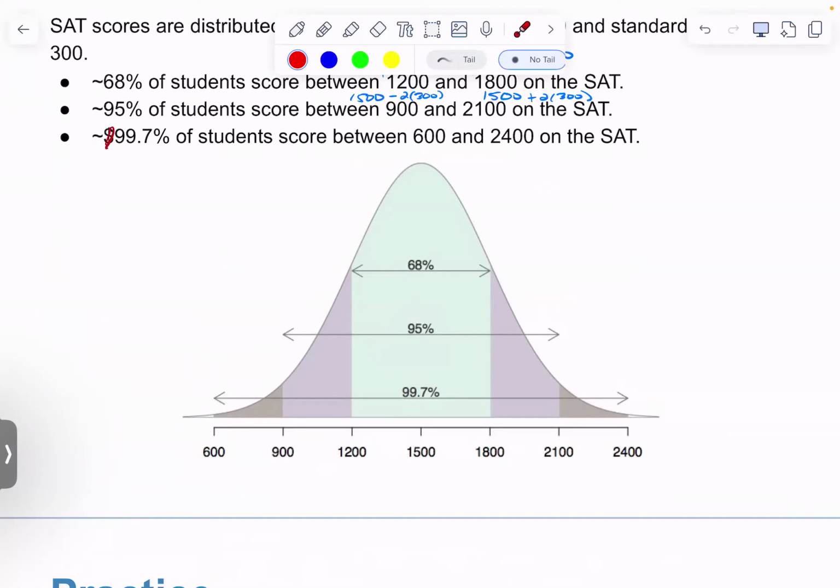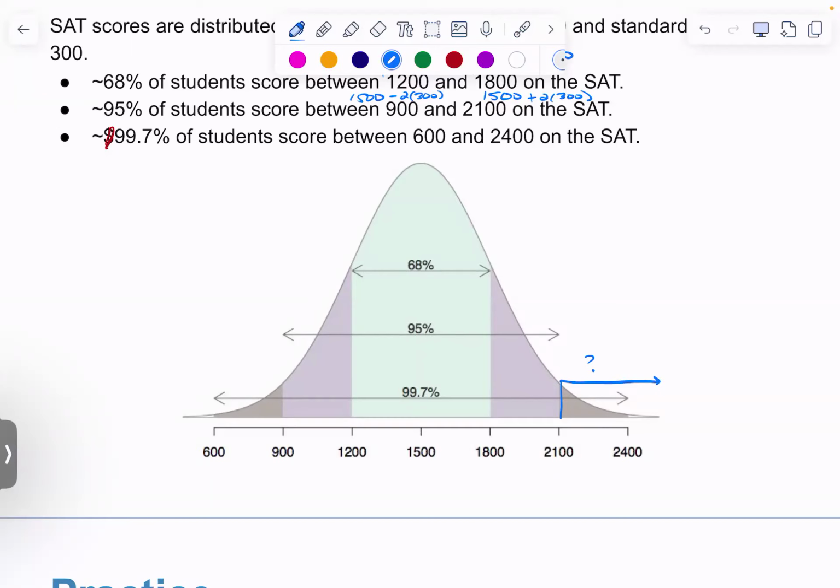Right. And so from the 68, 95, 99.7 rule, you can find the probability of scoring higher than 2,100, for example. You would say, okay, well, that's 2 standard deviations above the mean.